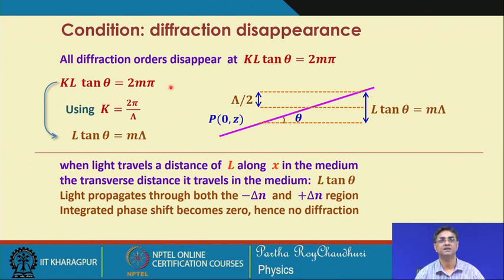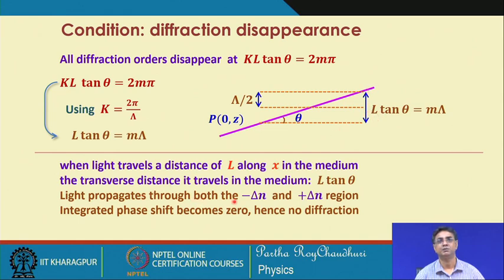So, lambda goes to this side and it simply gives you L tan theta equal to lambda, and this will clarify the understanding that when light has travelled through a length L, this much of length L tan theta corresponds to a phase, which corresponds to an effective length of m times capital lambda, so for m equal to 1, it is only 1 lambda. When light travels a distance of L along x in the medium, the transverse distance it travels in the medium is L tan theta. So, this much of distance it travels.